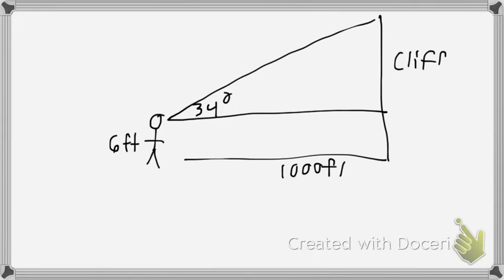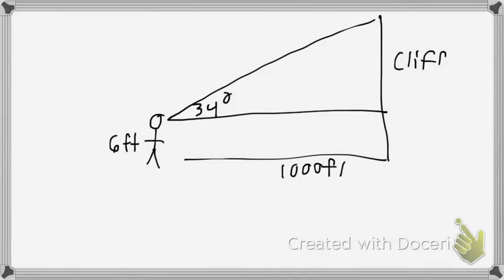He now has, without shadows or any other measurements or triangles, because we already did the indirect measurement thing, enough information to find out the cliff height.